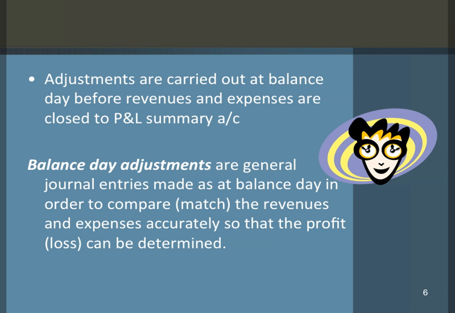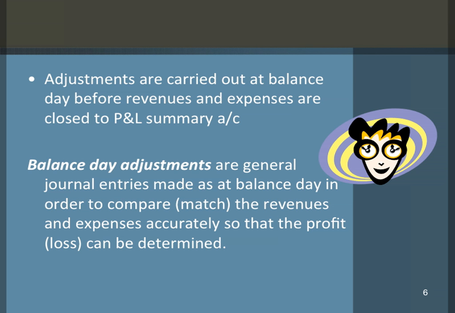The definition for them is that they are general journal entries that are performed on balance day in order to match revenues and expenses accurately, so that we can be satisfied that the profit determined as a result is profit that we can use for decision making, and also that we can compare profits between periods.